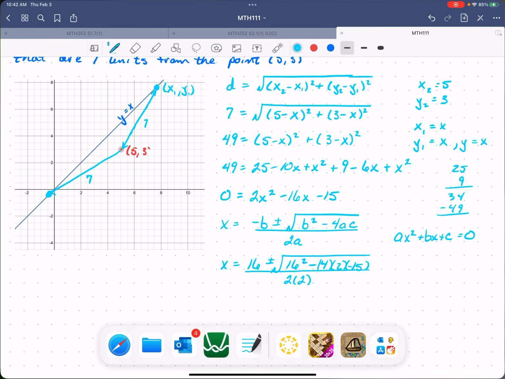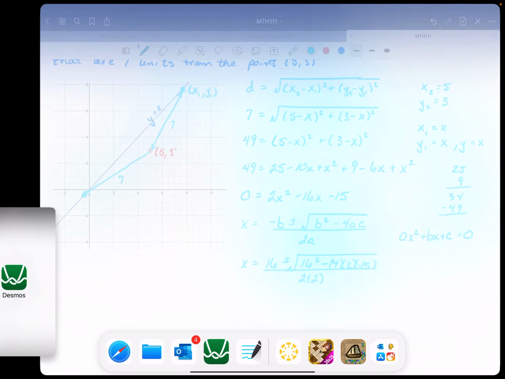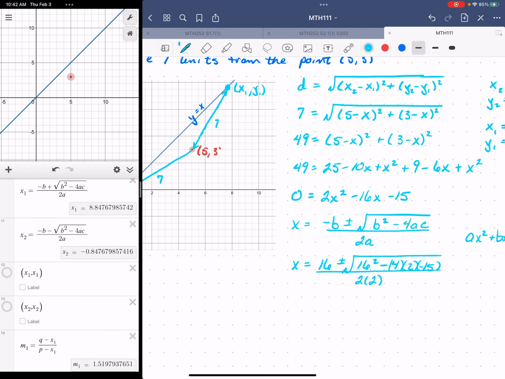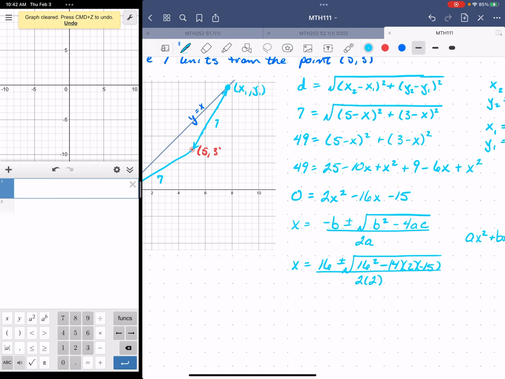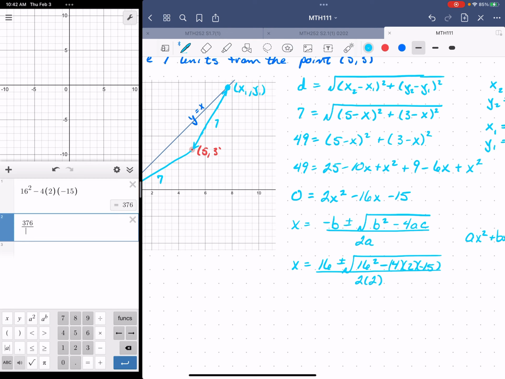Okay, let's do a little work. I want to find the value that is under my radical, so that's 16 squared minus 4 times 2 times negative 15. That's 376. I want to see if that will simplify, so let's try dividing by 4. That works, giving 94.